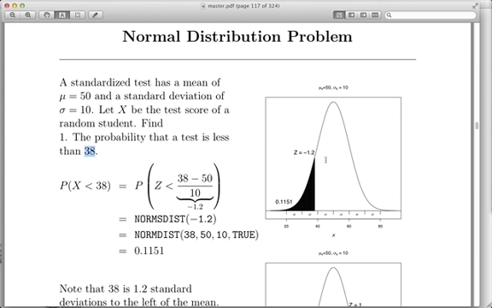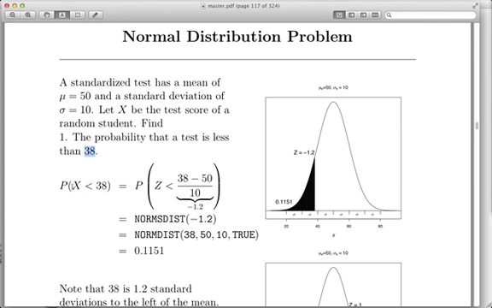So I always draw my normal curve and I write the mean and the standard deviation above it. So this has a mean of 50 and a standard deviation of 10. What we're asked to find is the chance that some score is less than 38. So here is 38, right here, and I've shaded this area. So what I need to do is evaluate that area.